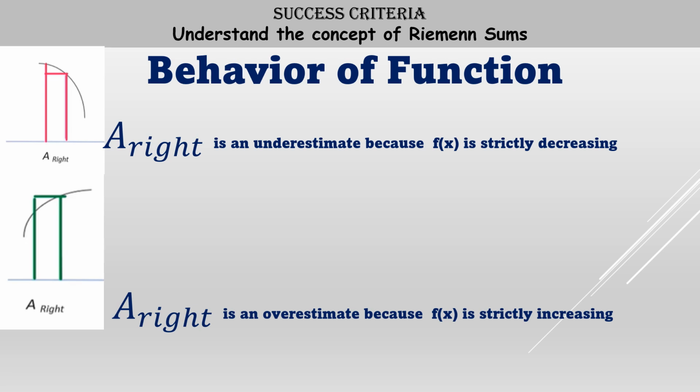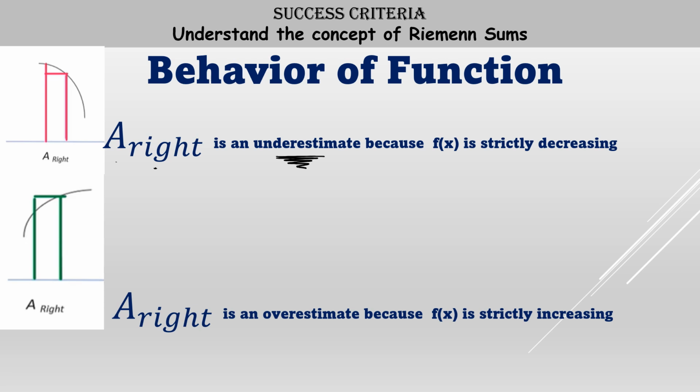Now, when you find the area from the right side, it is an underestimate. Why? Because the graph is strictly decreasing. So remember that the right Riemann sum is always an underestimate when the graph is decreasing.